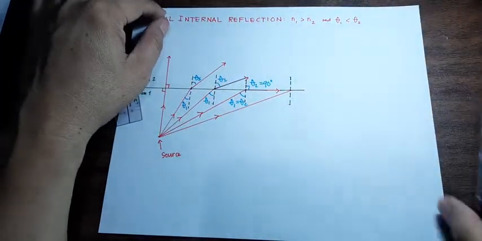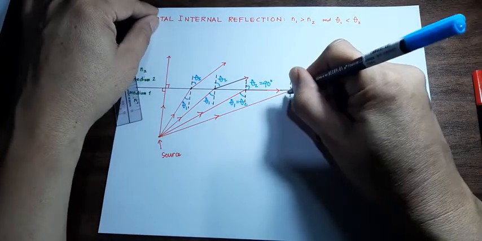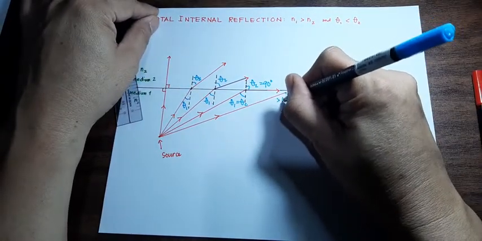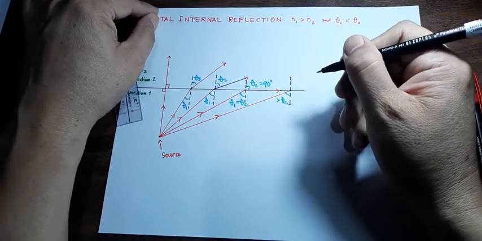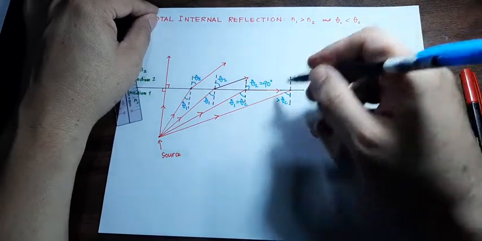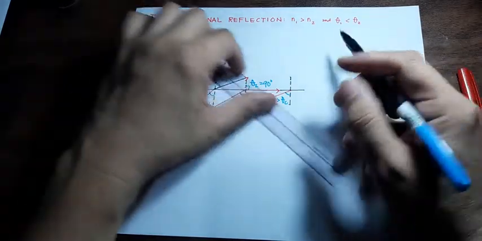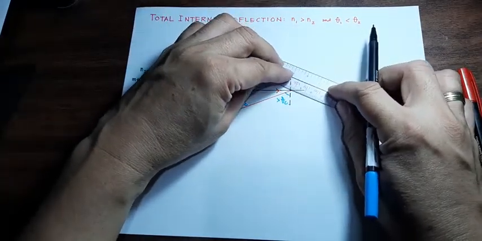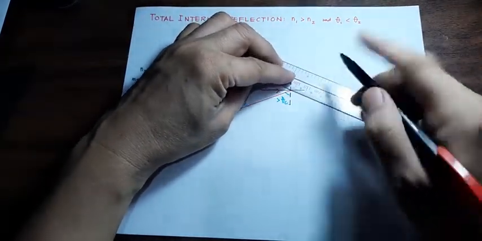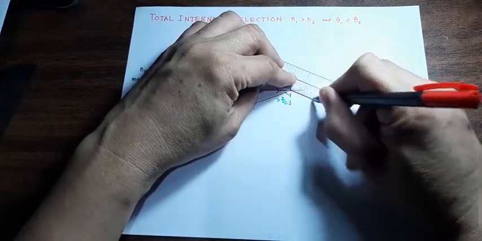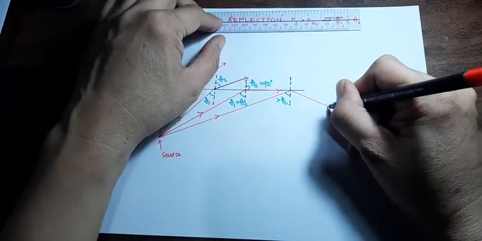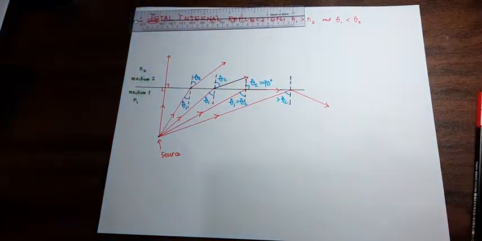Now, because this angle right here is greater than the critical angle, and this is beyond the limit of refraction, then what will happen here is that the light ray will be reflected back to medium 1.